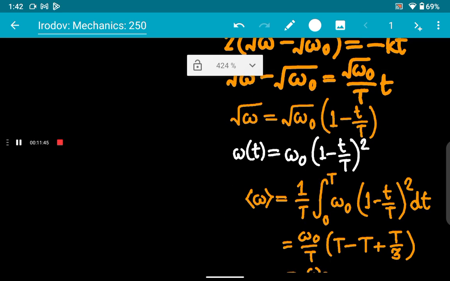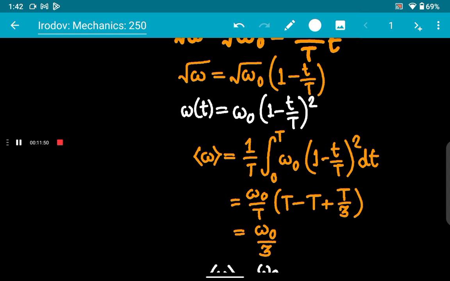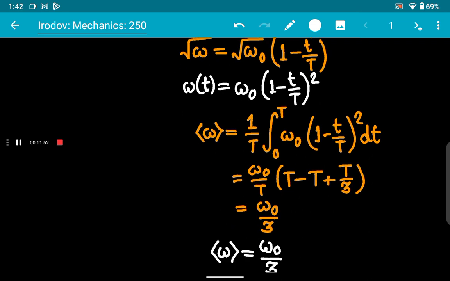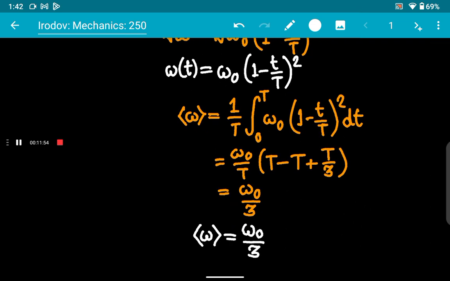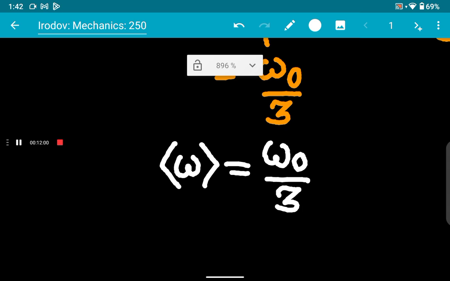Okay. So that was the second step of the problem, and the third step was basically to calculate the average. And this was just an integration, just a 2-line calculation, and we finally obtain our final answer, which is omega naught by 3.